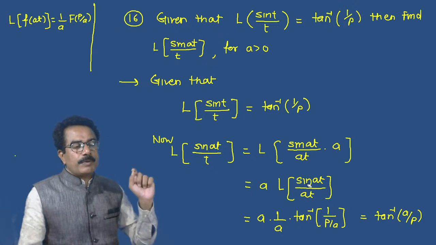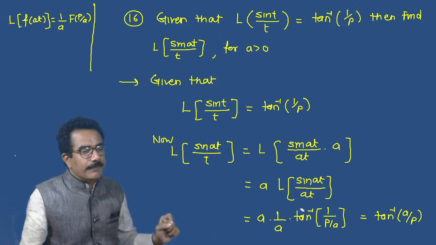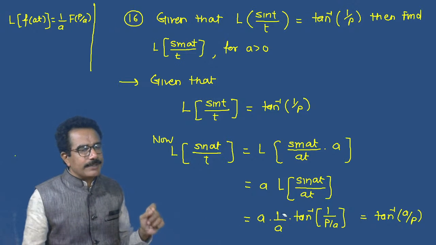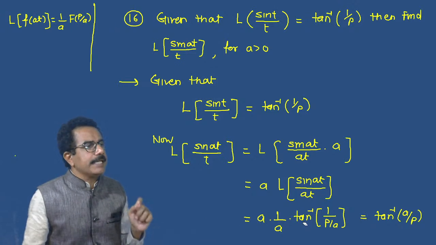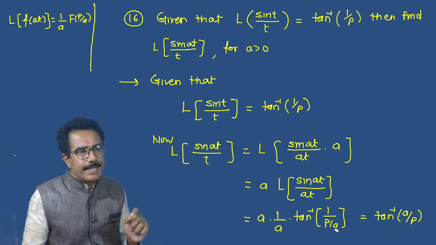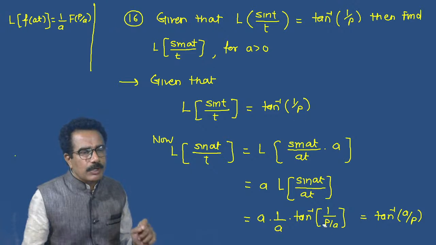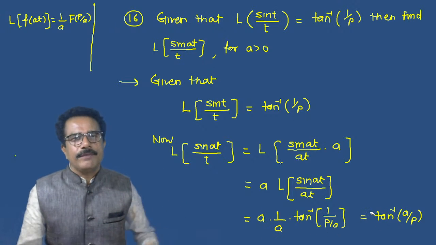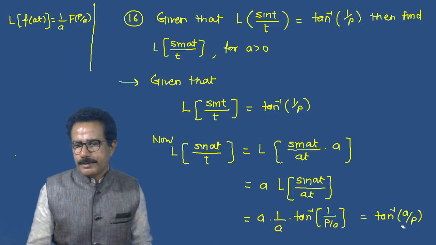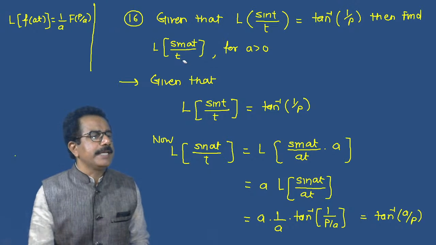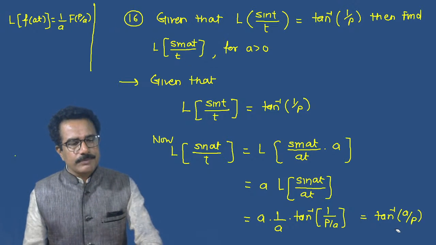So according to this theorem we write 1 by a capital F of p by a, meaning tan inverse of p by a. In place of p we write p by a. So a gets cancelled, tan inverse of a divided by p. Thus we get the result: the Laplace transformation of sin at divided by t is tan inverse of a divided by p.